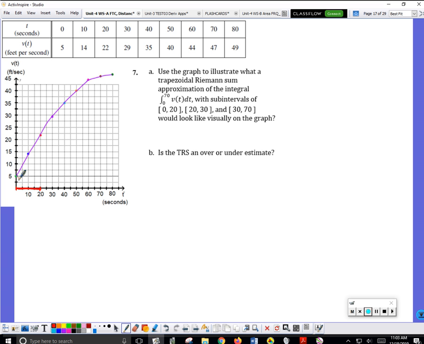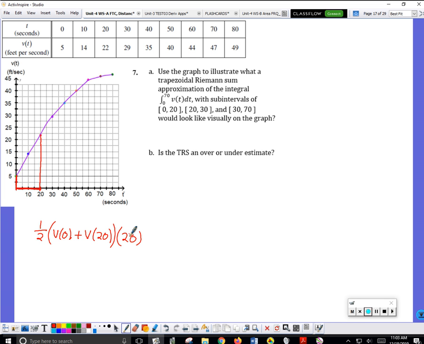We're also taking the velocity on the left of the subinterval and the velocity on the right. It turns out that this formula times the width of the subinterval is the same as a formula for finding the area of a trapezoid.